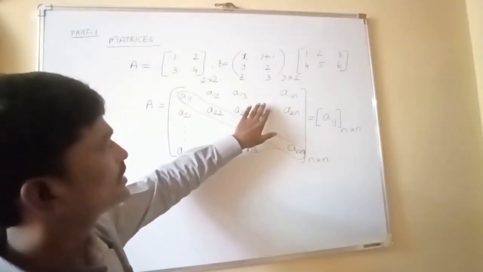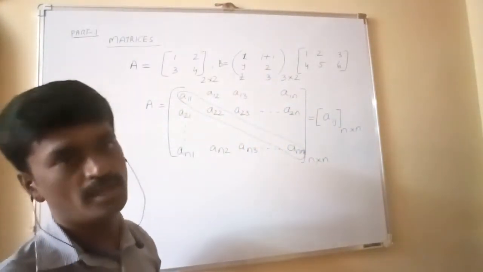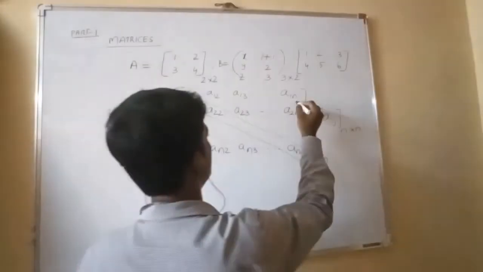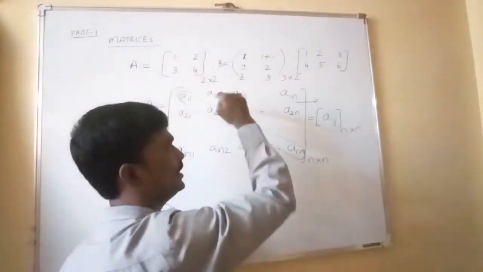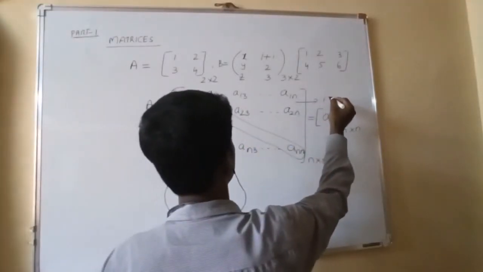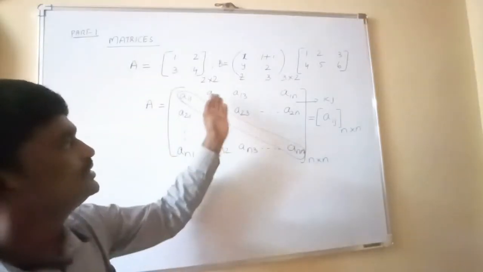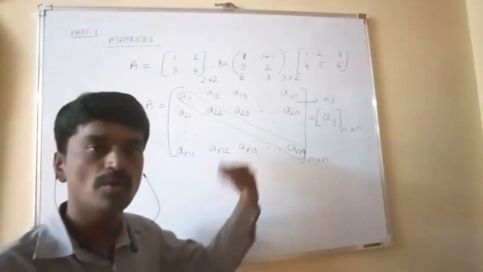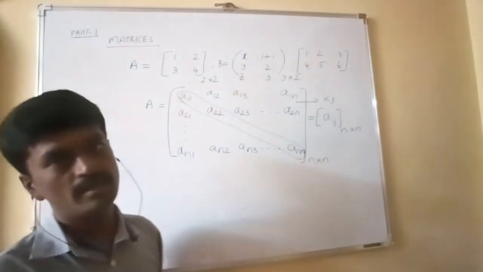And if you observe, these are the elements which are above the diagonal. In these elements, only this part of the elements, the row index is less than the column index. That means for this i is less than j. So if I want to denote the elements which are above the diagonal, I have to denote them by aij, where i is less than j.